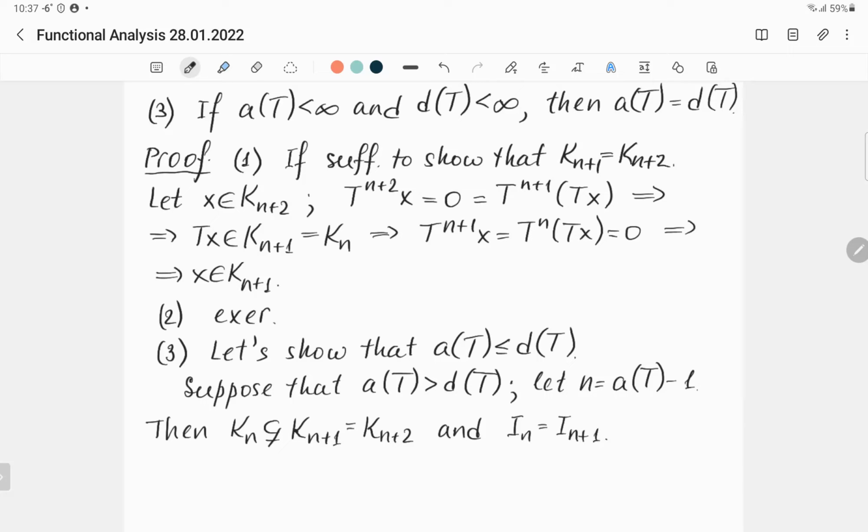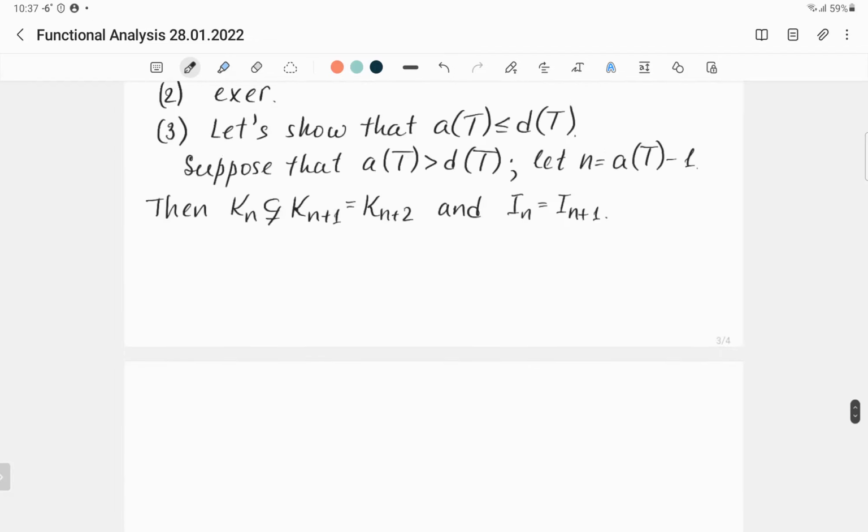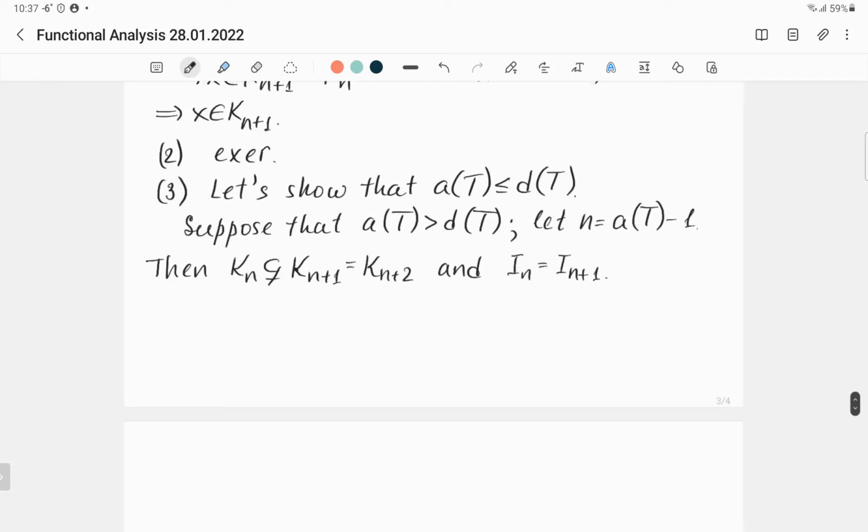So we want to deduce a contradiction. To deduce a contradiction, let's take an element in Kn plus 1. Let x be an element in Kn plus 1. And let's look at T to the n of x. Well, T to the n of x obviously belongs to In, which is equal to In plus 1 by assumption.